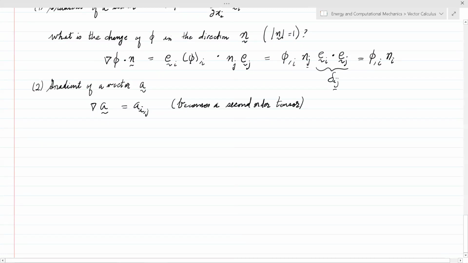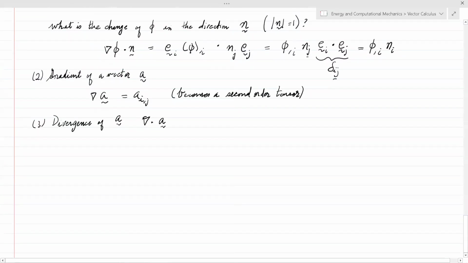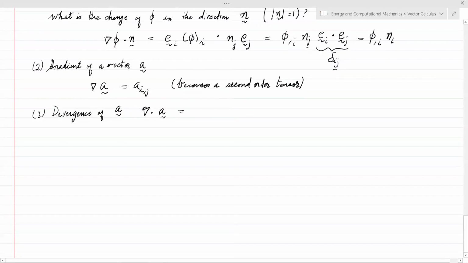So we can also find the divergence of A, and that's how you find the divergence of A, the dot product. In this case, we know it is e_i, something comma i.